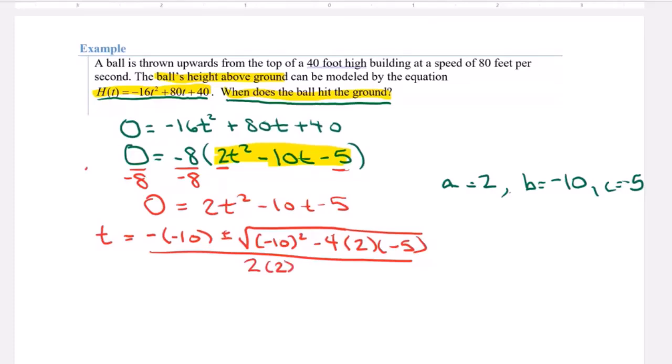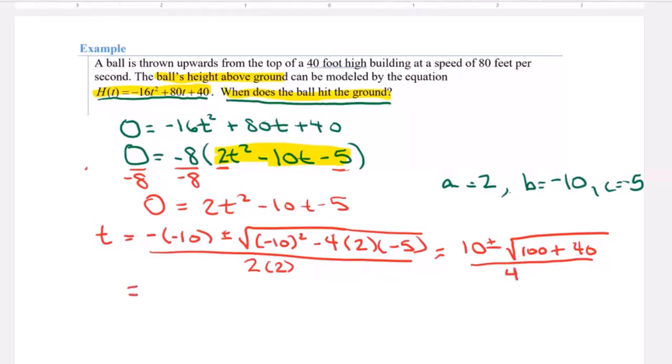And let's simplify it. We get 10 plus or minus the square root of minus 10 squared is 100. I have two negatives. That's going to multiply together to give me a positive. 4 times 2 is 8. 8 times 5 is 40. So I'll get plus 40 divided by 4.